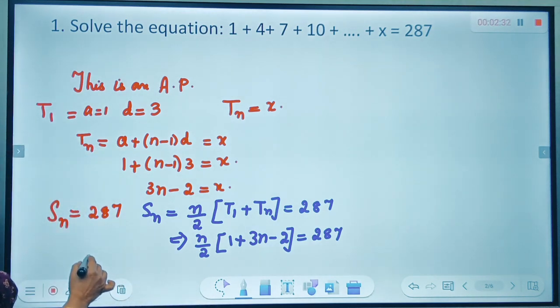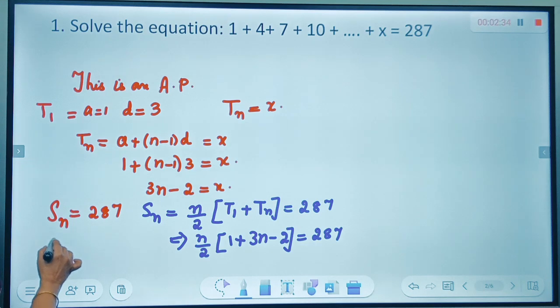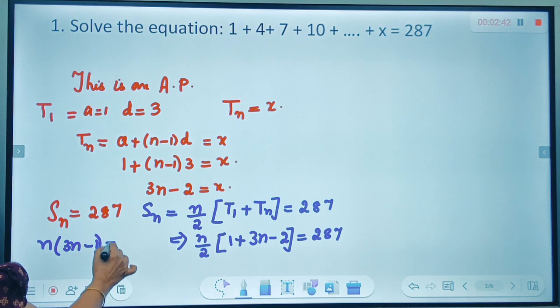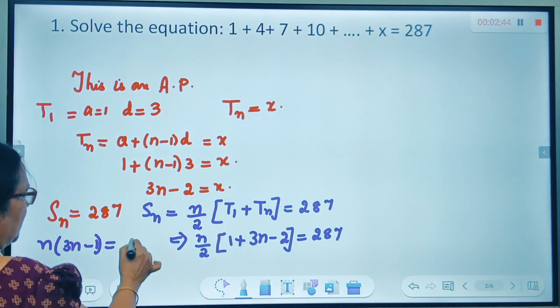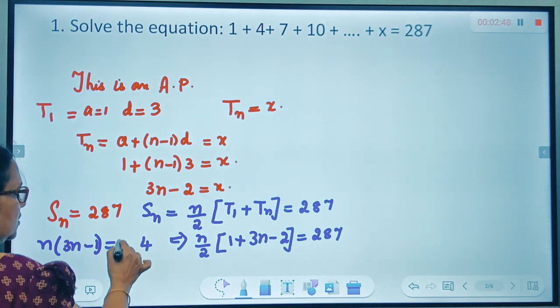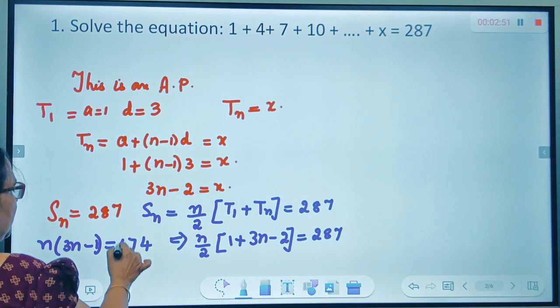So this further implies n into 3n minus 2 plus 1, which is 3n minus 1, is equal to, taking 2 to that side, 287 into 2, which is 574.